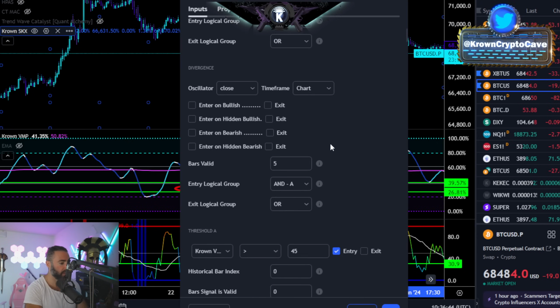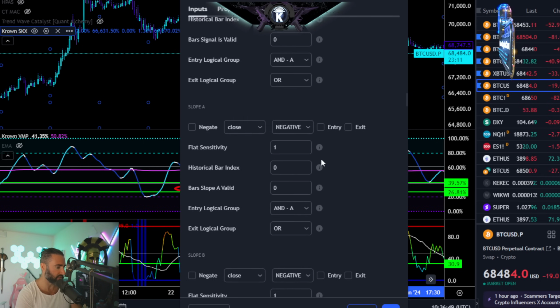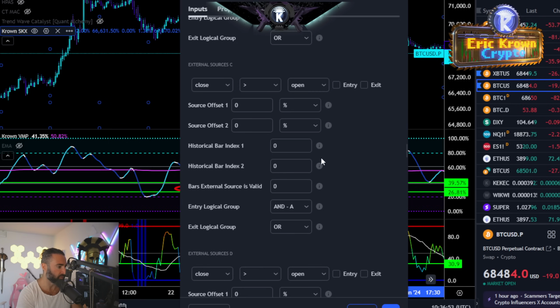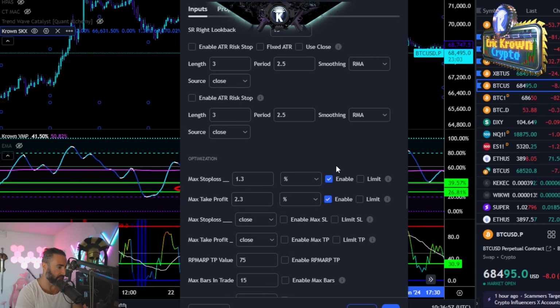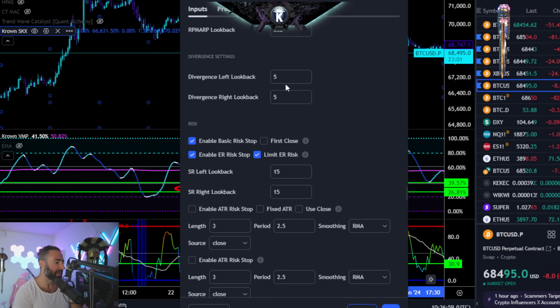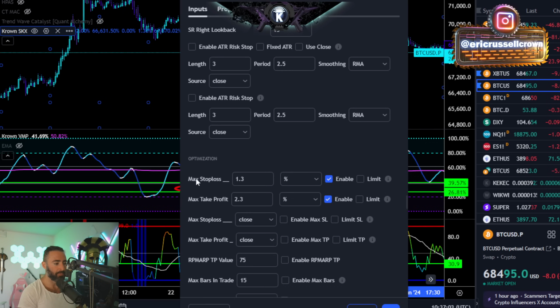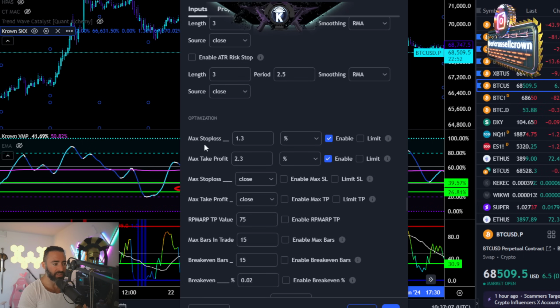Okay, so now let's get a little bit more into the nitty gritty, because there are some more conditions here that this tool does allow us to quickly and easily test, which is why I happen to know that these conditions are decent. But we need to first address a max stop loss and a max take profit. So in this case, we're going to be using a max stop loss by percentage of 1.3%.